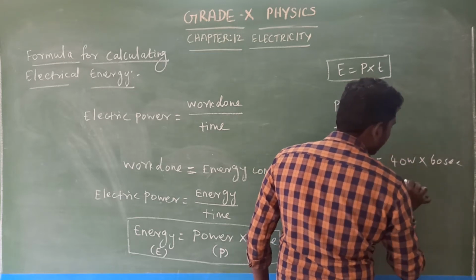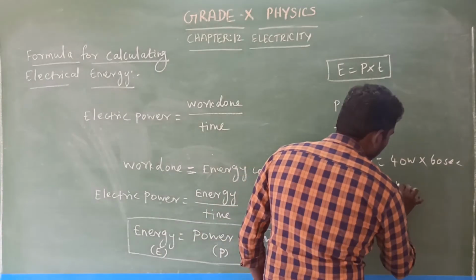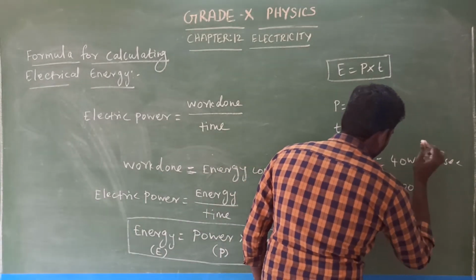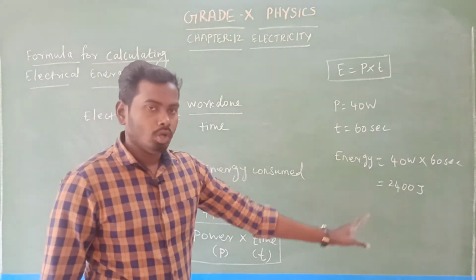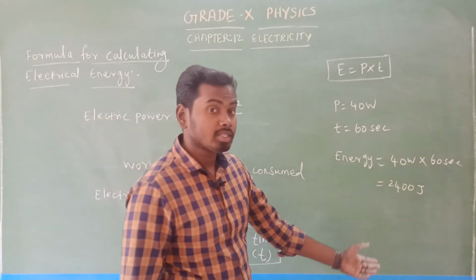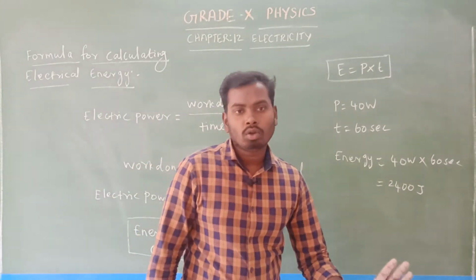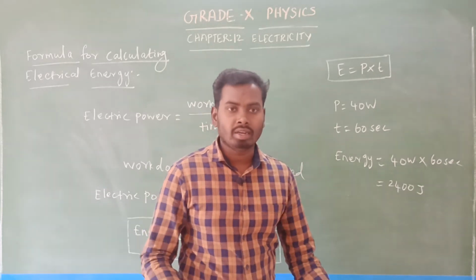So what will be the value? 2400 joule, because the SI unit of energy is joule. So the value will be 2400 joules. That's all. This is how we need to calculate the energy.